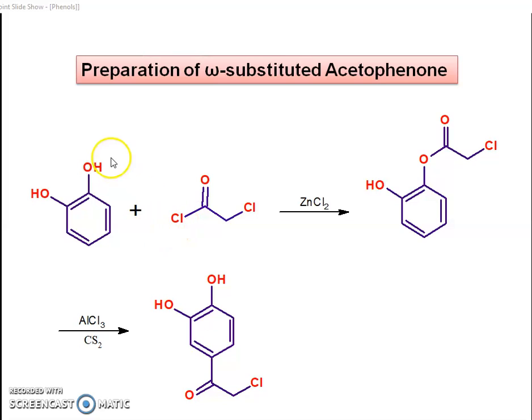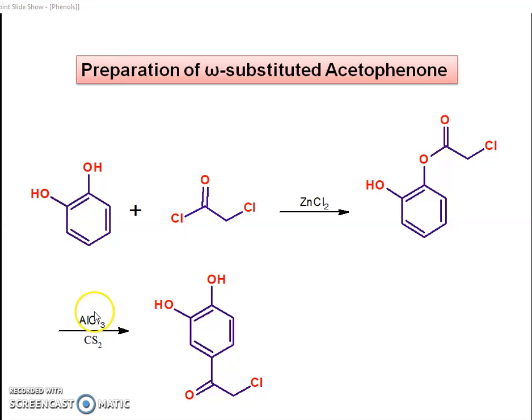Next application, we will see the preparation of gamma-substituted acetophenone. We treat this catechol with chloroacetyl chloride. Then the lone pair of the oxygen attacks this carbonyl carbon and this Cl is replaced, so acetylation takes place at the oxygen atom.